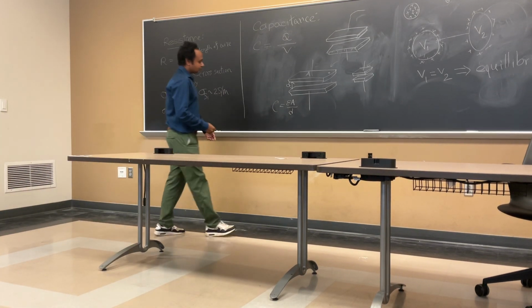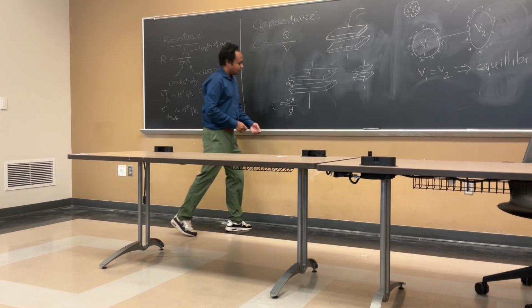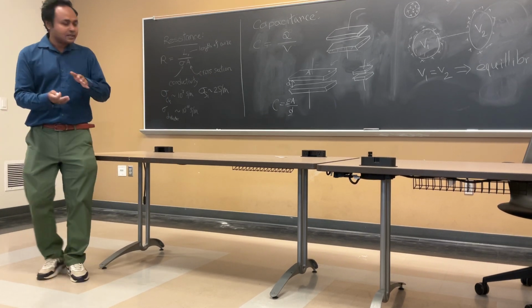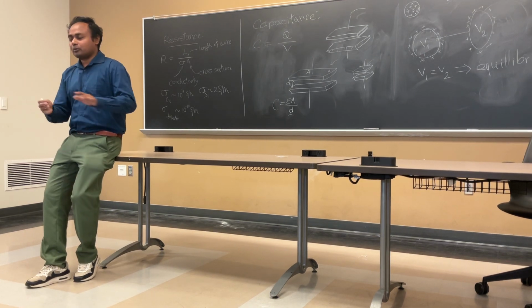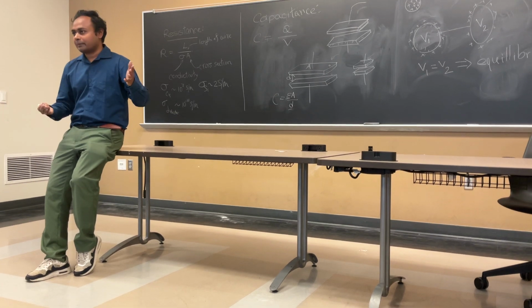These other guys, distance and epsilon, probably take a little more effort to understand. Why would decreasing the distance increase capacitance? I mean, of course, if you look at the equation, it's clear that a decrease of distance would increase capacitance.